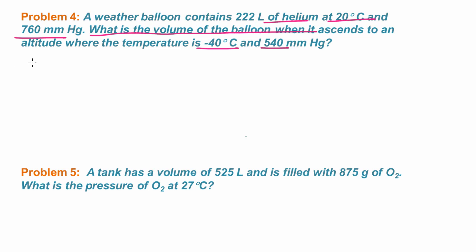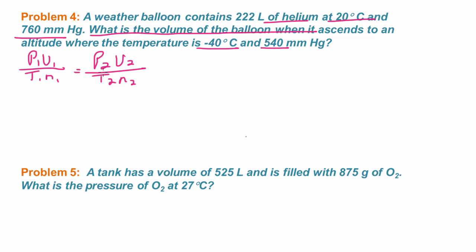So let's go ahead and write out the law. We have the volume and the pressure, and then we're asked what is the new volume when it ascends to an altitude where the temperature is negative 40 and 540. So we have P1 V1 over T1 N1, just using the combined gas law here. That's what I've been doing all along, really. Equals P2 V2 over T2 N2. So let's see what's changing here.